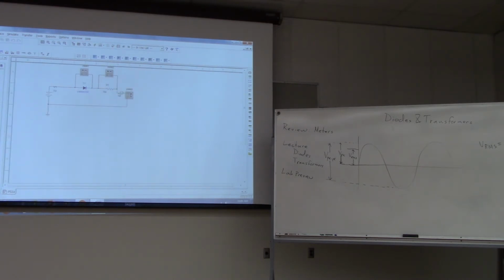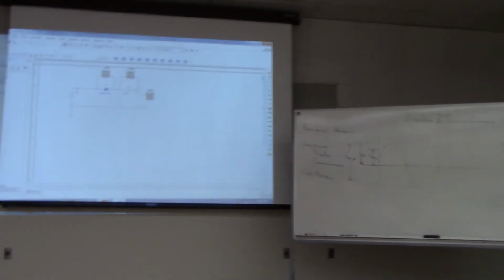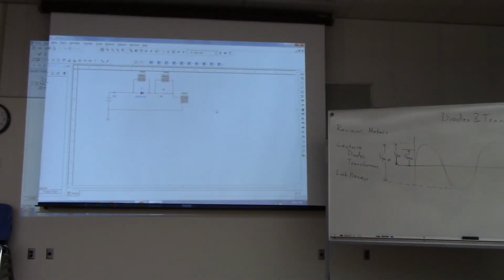And with this circuit, you're going to fill out a table in your lab book that shows the diode voltage, the resistor voltage, and then the amount of current that's flowing. Okay? You're going to do that, and then you're going to vary the voltage source over here when you do it.